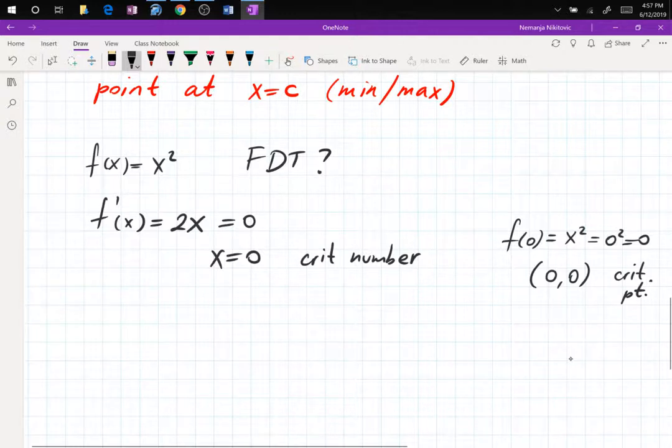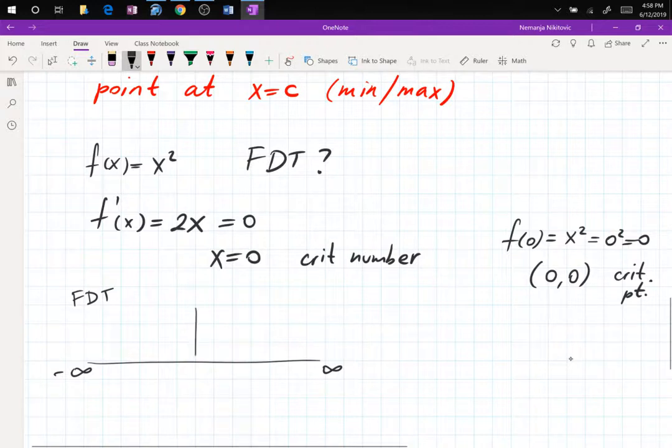So now what we have here is a critical number. Here comes the procedure for the first derivative test. What you see here in black is last class, right? To find min and max, critical point. So what you see so far is what you know from yesterday. Now, what's the first derivative test? For the first derivative test, we partition the entire domain. In this case, the domain of x squared is all real numbers from negative infinity to positive infinity.